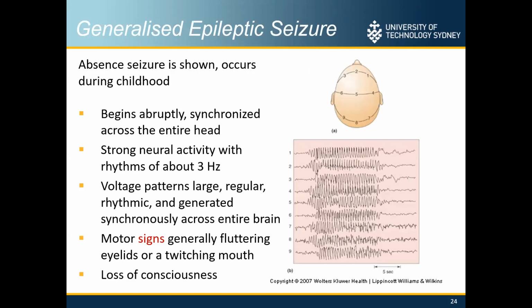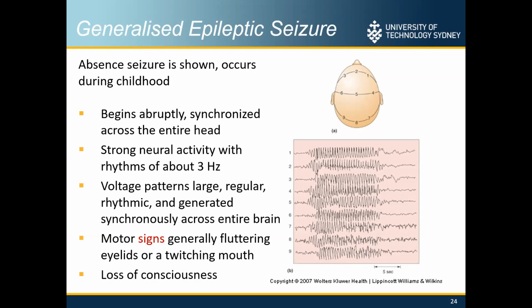So the next slide just looks at the example of an absence seizure and what you can see in your EEG device. So as you can see here, you've got the scale here. So it's about a 12-second wave that you can see associated with the absence seizure.